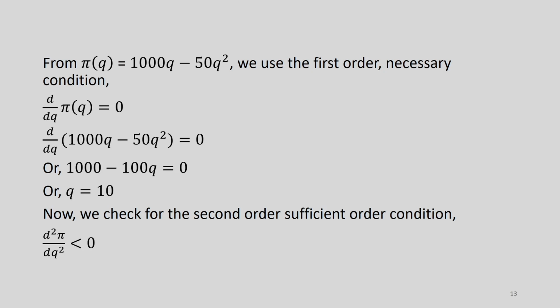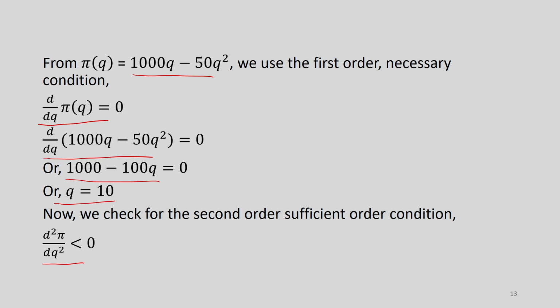And as usual, we use the first order necessary condition. We take the first derivative of the profit function, set that equal to 0, that is d/dQ of 1000Q minus 50Q square is equal to 0. That gives me 1000 minus 100Q is equal to 0, that is Q is equal to 10. What about the second order condition? We have to have the second derivative of the profit function to be negative.